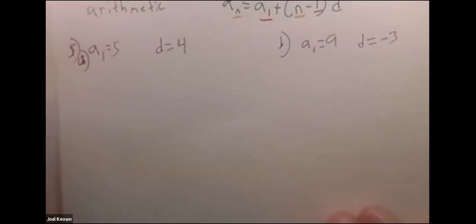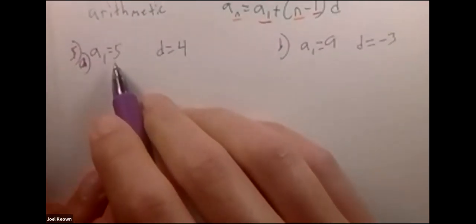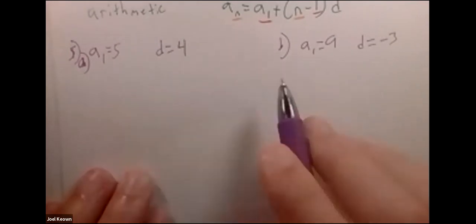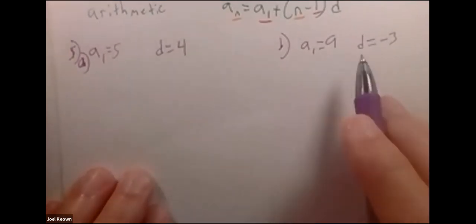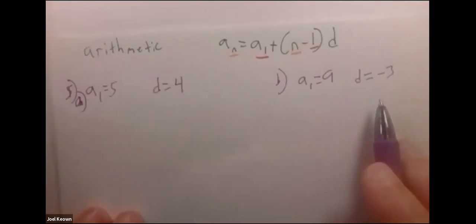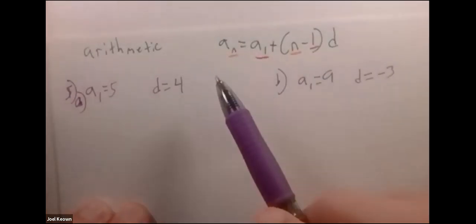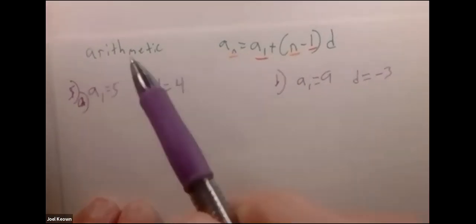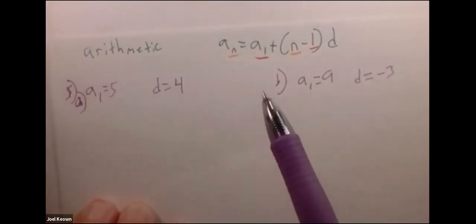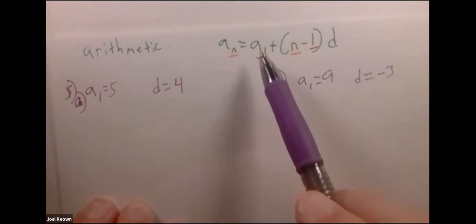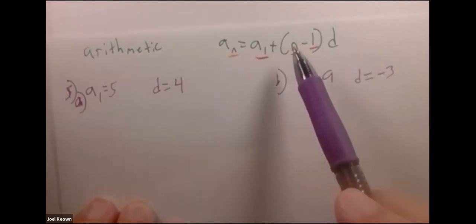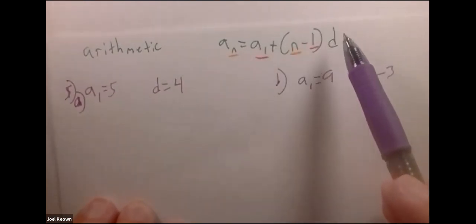All right, so it said the first term, a sub 1, is 5, and it goes up by 4, and then for part B, my first term's 9, and it goes down by 3. Now up here is a very important formula we're going to use for this section. This is our rule for arithmetic sequences. It says a sub n is a sub 1 plus n minus 1 times d.